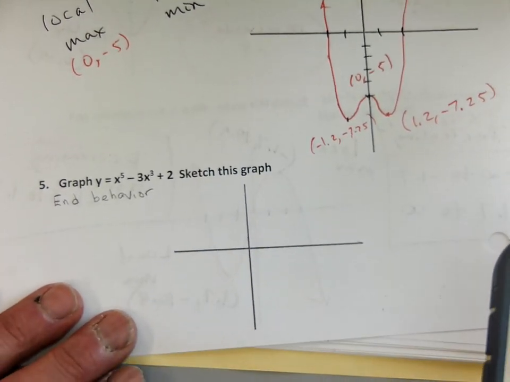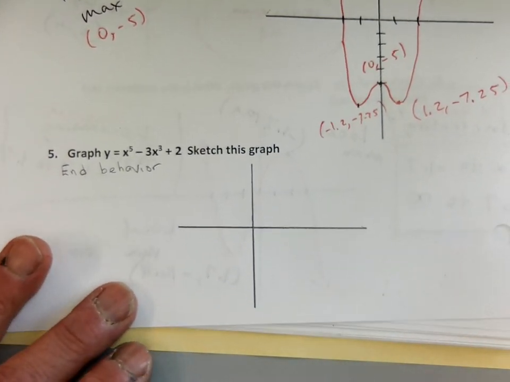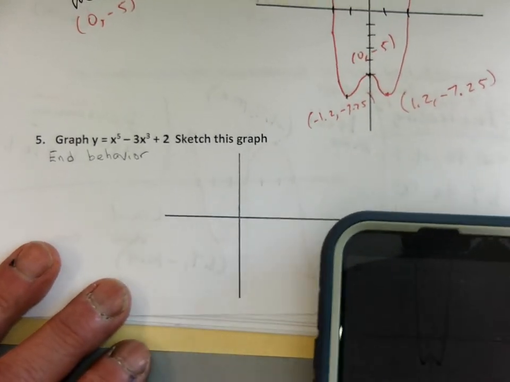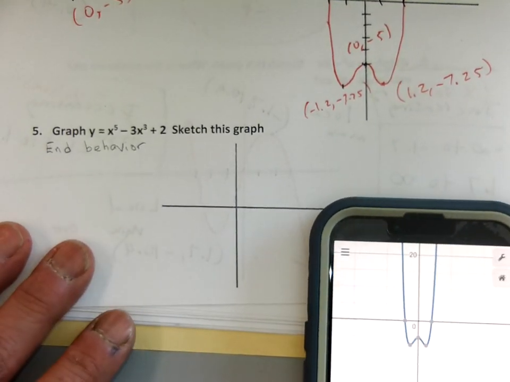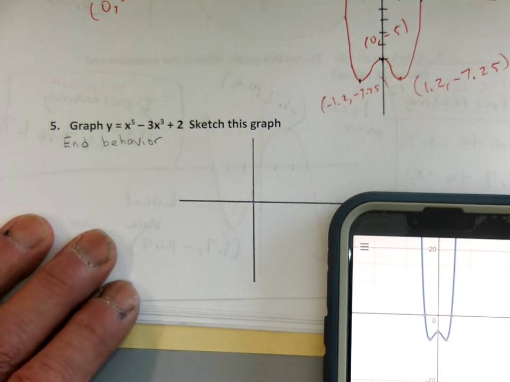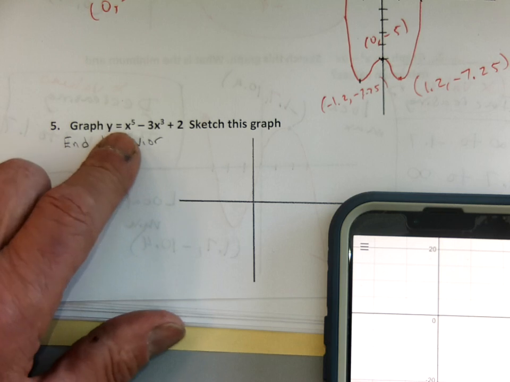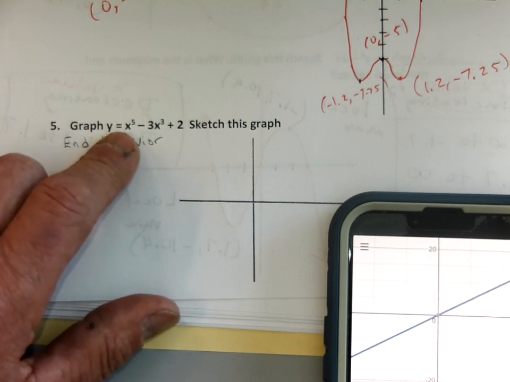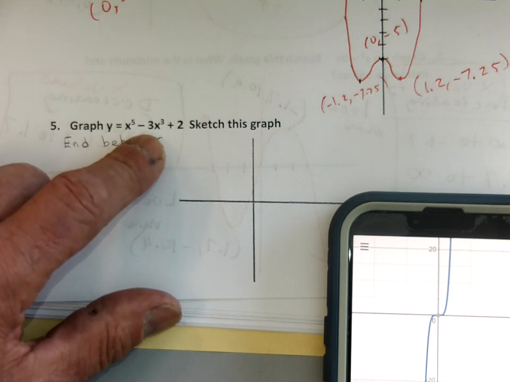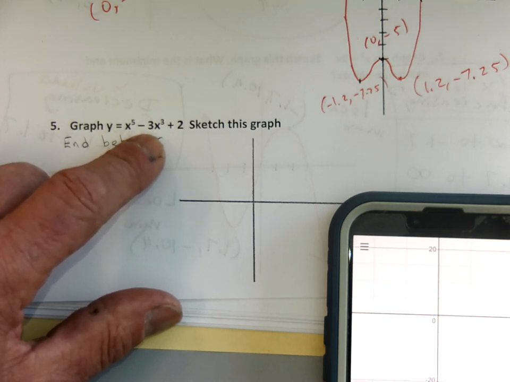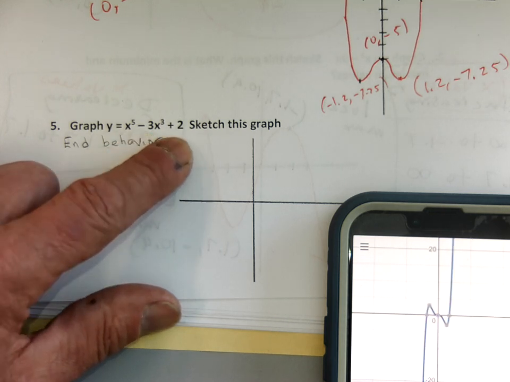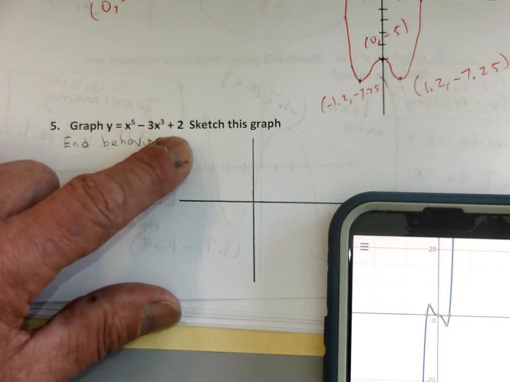Now, number 5. We're going to graph number 5 and talk about n. X to the 5th, cubed.